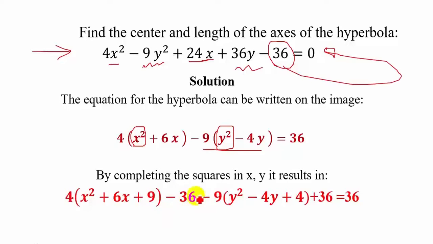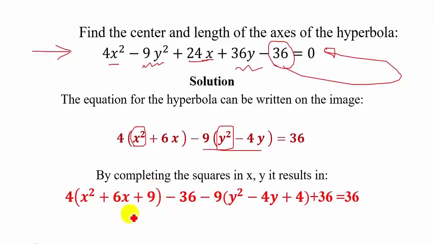So I will have negative 36 here. So negative 36 plus positive 36, it will be nothing over there. So everything it will be again like that. So what we have here, we add and subtract, so still everything is the same right now.